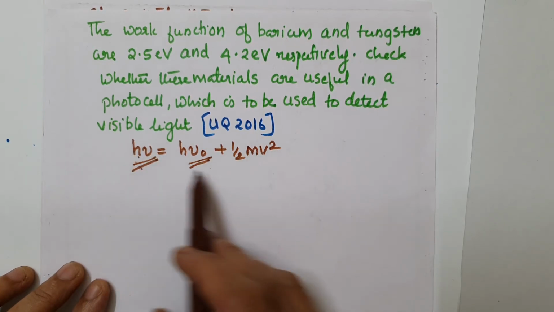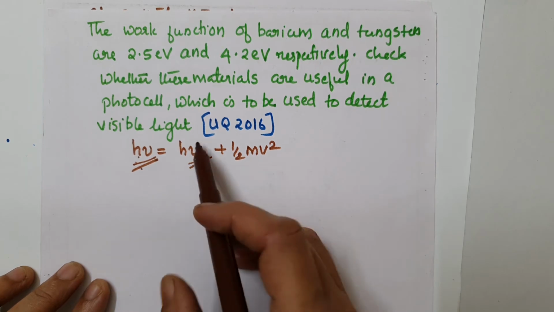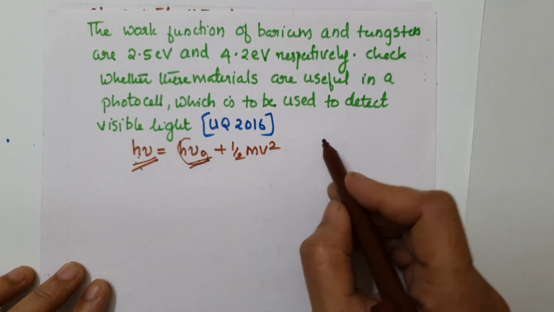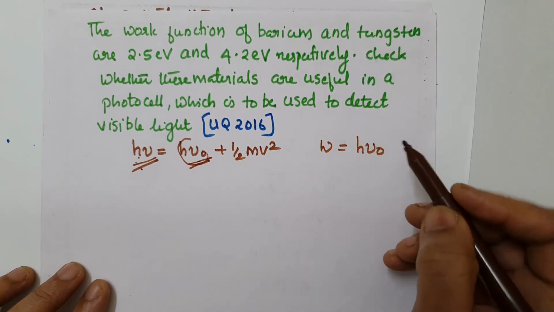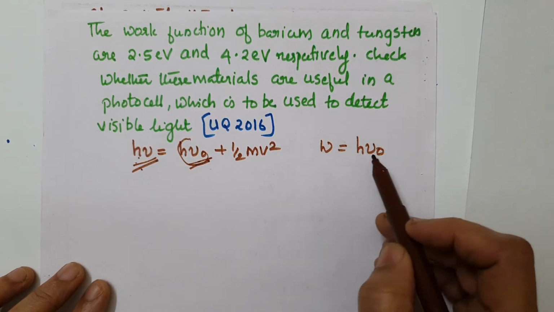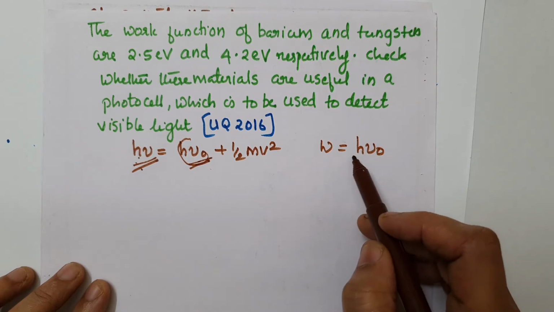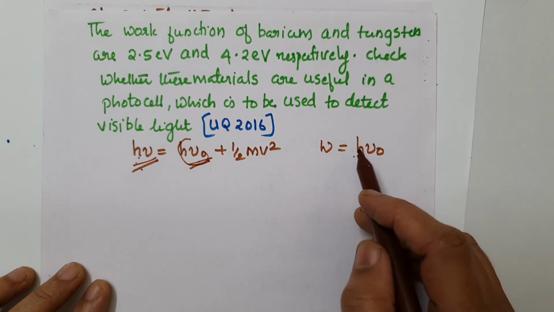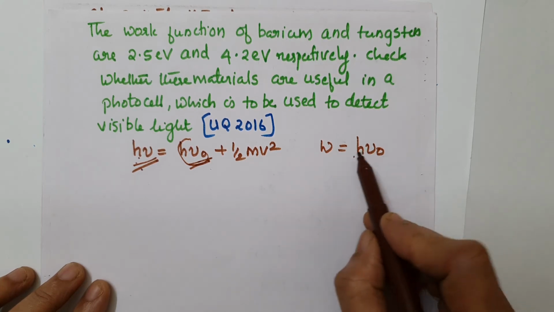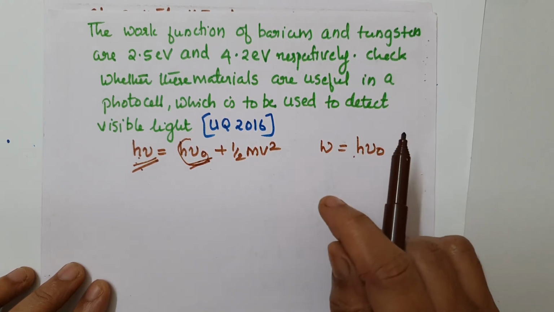This is according to the conservation of energy. In this equation h nu 0 is called the work function, defined as the minimum amount of energy required to release an electron from a metal, and it depends on the nature of the emitter.